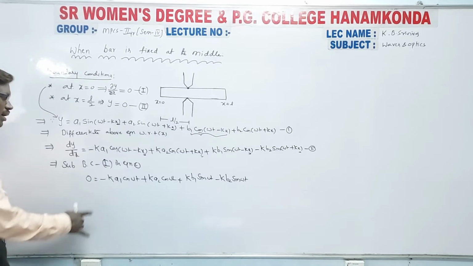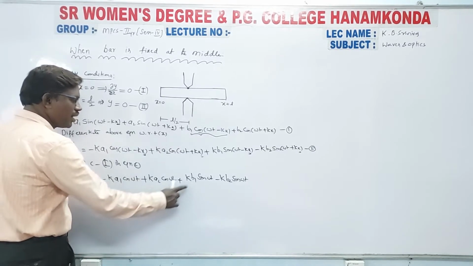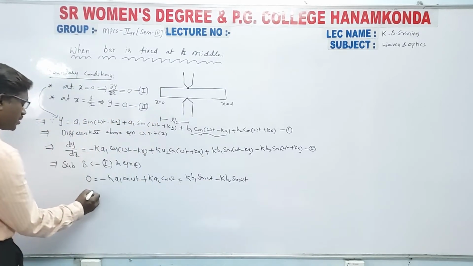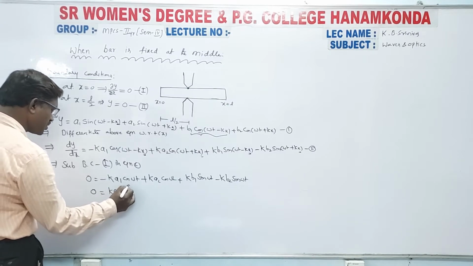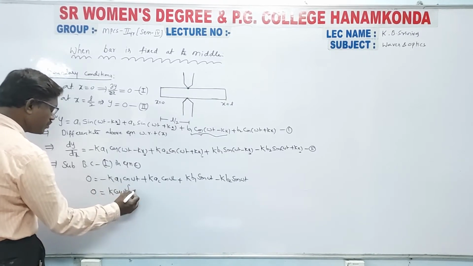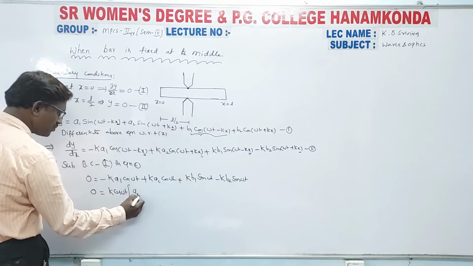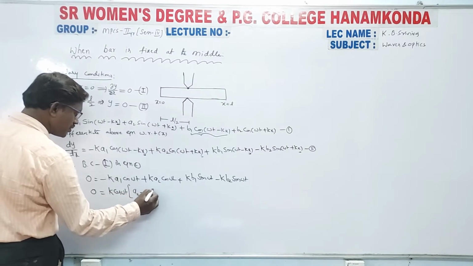I want to take k cos ωt as common from the first two terms, and k sin ωt as common from the last two terms. If I take k cos ωt as common from the first two terms, what remains in the bracket is minus a1 plus a2. I am writing the positive term first, the negative term second, that is a2 minus a1.